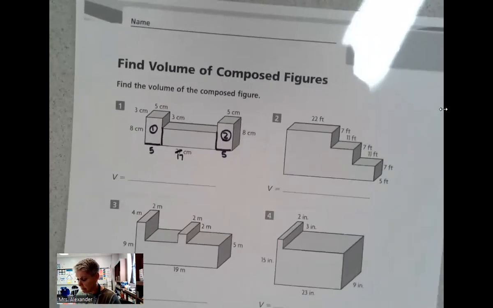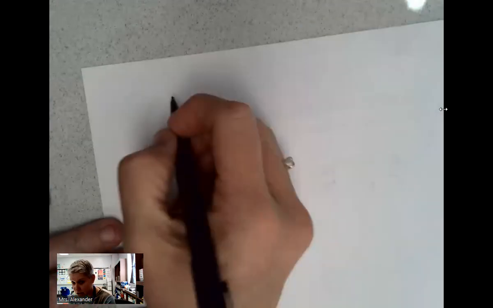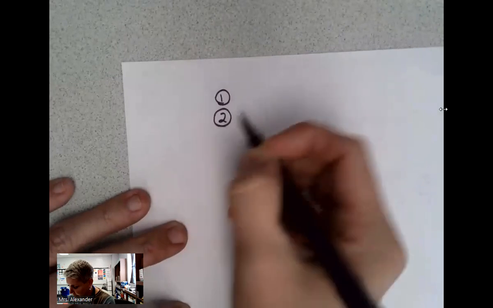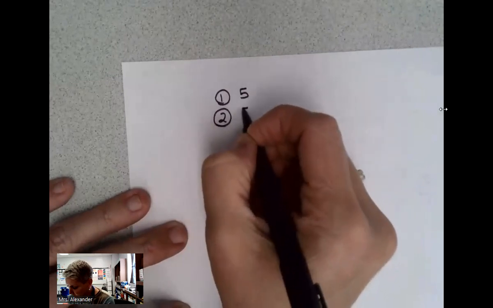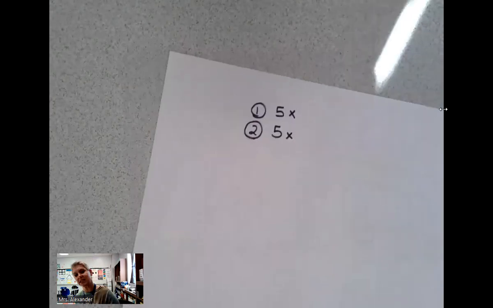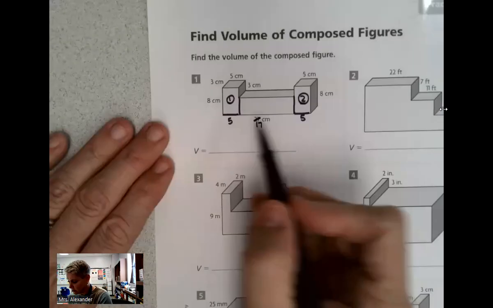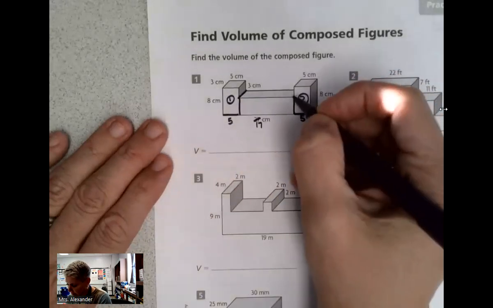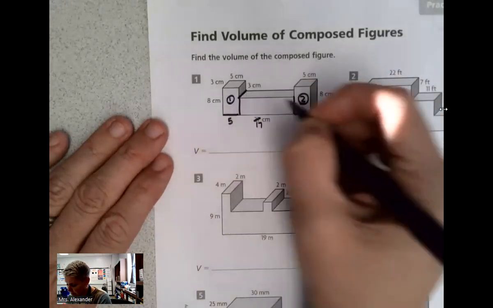I'm going to work on the back. So I have figure 1 and figure 2. We said the length of each of those was going to be 5. Like I said in class, I'm going to wait to label it until the end. There's our length. Our width is here. We can see how wide it is, and we can't see it here, but we know it's the same.